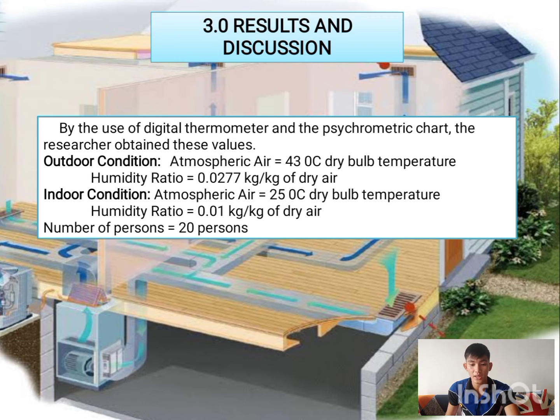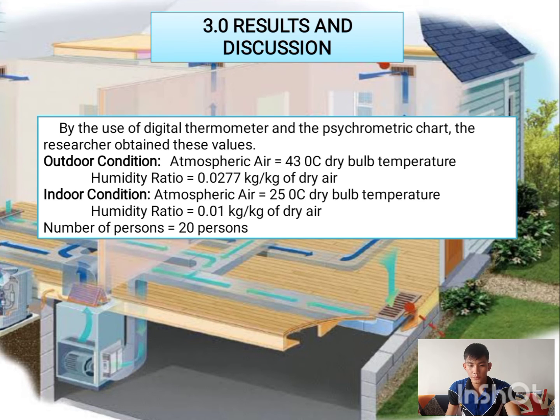From outdoor condition, as atmospheric air, we got 43 degrees Celsius dry bulb temperature, and the humidity ratio 0.0277 kilogram per kilogram of dry air. Then indoor conditions, atmospheric air 25 degrees Celsius dry bulb temperature, and humidity ratio 0.01 kilogram per kilogram of dry air. And number of persons, 20 persons.